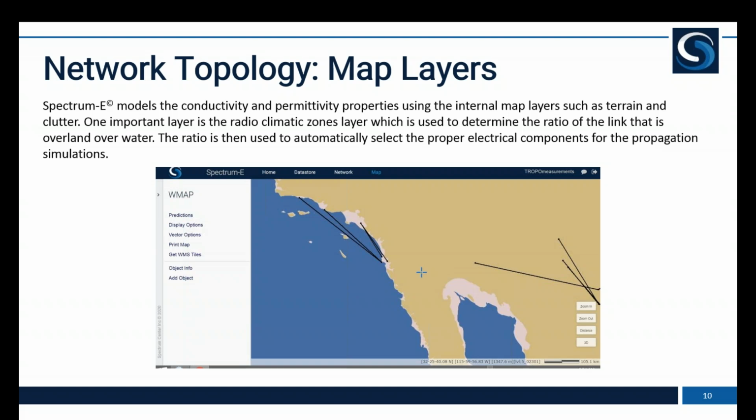However, in Spectrum E, we're using the algorithms from the ITU-617, which calculate these values automatically from the coordinates of the system and where they're located on the Earth, and of course, how Spectrum E extracts this data from the implicit cartographic files that I mentioned, such as this one, the radioclimatic zones.